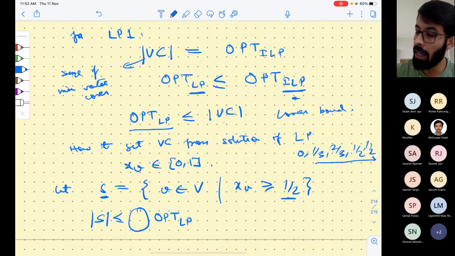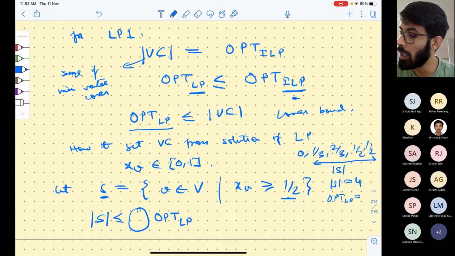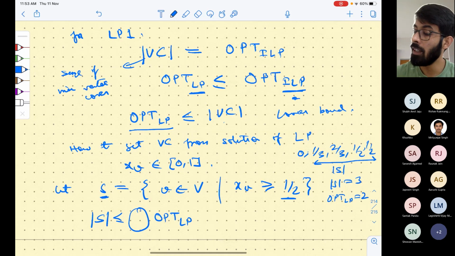Then we added all of them in my S. So my S has size 3 now, and opt LP is 2, right? But if all of them were half, then my opt LP was 2 and S was 4.